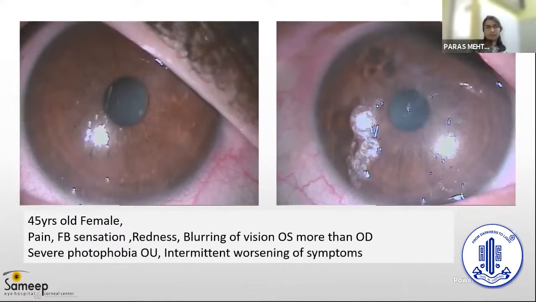Because as you look at the clinical picture of the right eye, there are a few filaments on the surface. Both the eyes are demonstrating significant clinically evident bulbar congestion, suggestive of the presence of inflammation on the ocular surface. You can see that there are lots of SPKs, there are depressions on the corneal surface suggestive of chronic damage.